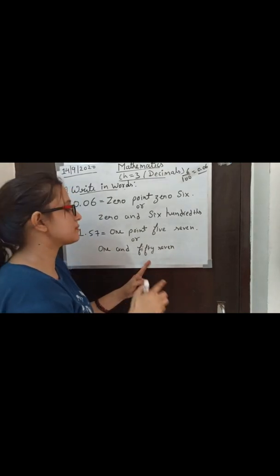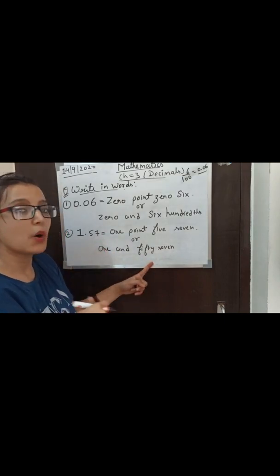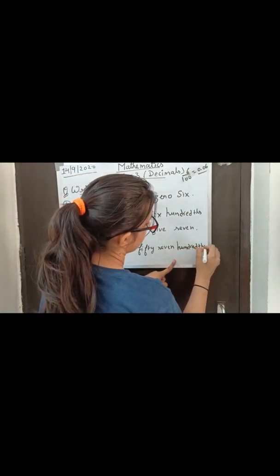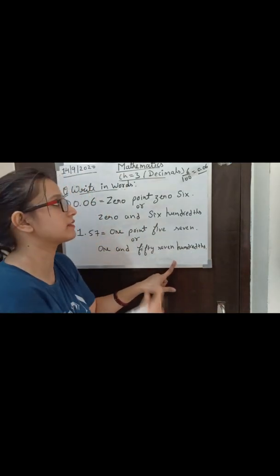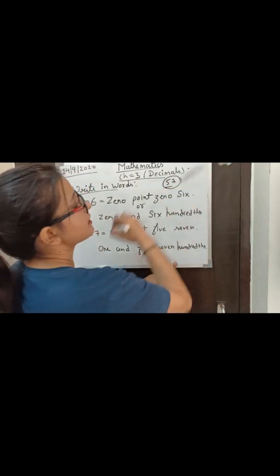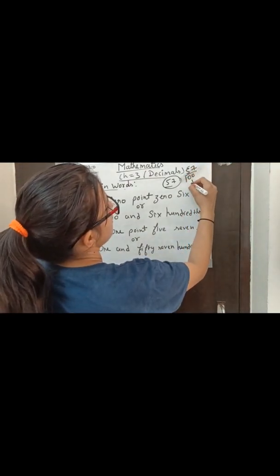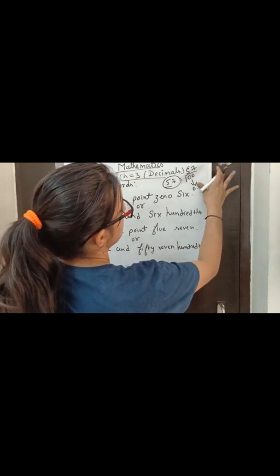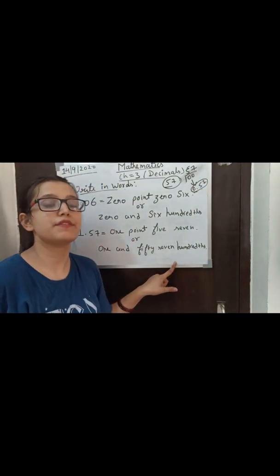To maintain the difference between a whole number and a decimal part, we write hundredths here. 57 hundredths. Now what is the difference between 57 and 57 hundredths? 57 means this, and 57 hundredths means 57 by 100, or in decimal form 0.57. That is the major difference between 57 and 57 hundredths.